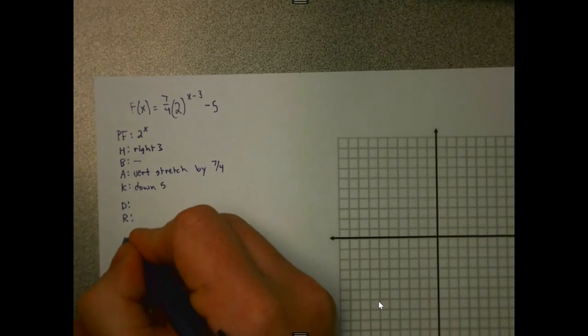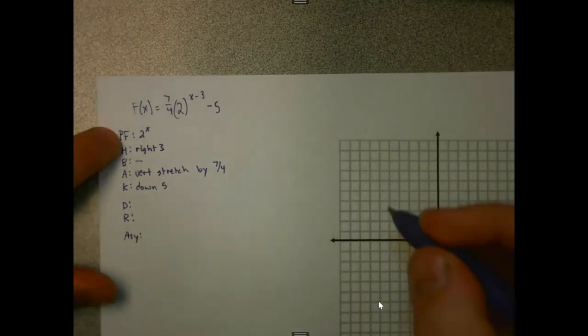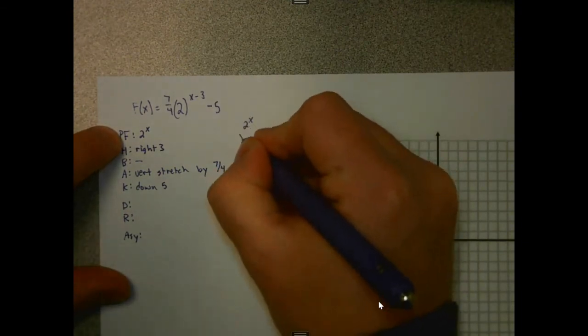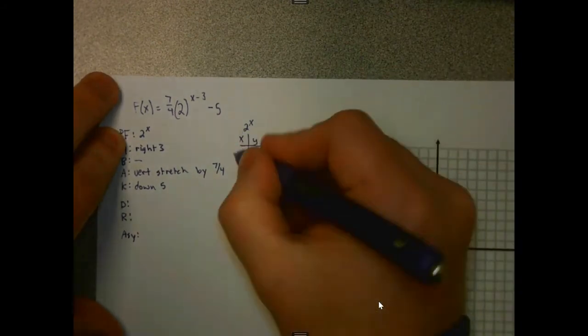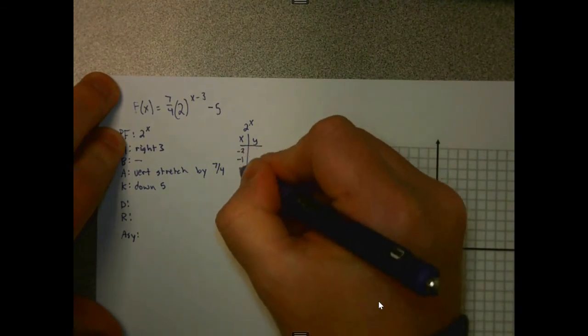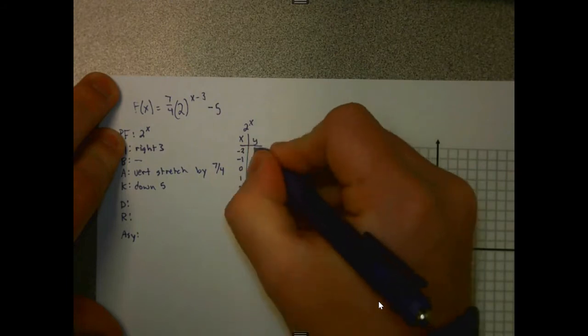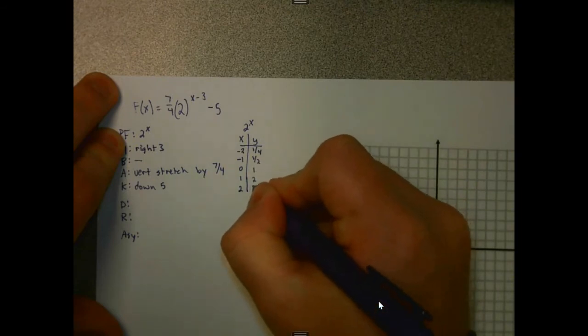We have the asymptote here from our graph. So our parent function is 2 to the x. So for our xy table, we have 5 ordered pairs that we're going to graph. We'll start with -2, -1, 0, 1, and 2. So if I plug in -2, that would be 1/4, and then 1/2, 1, 2, and 4.